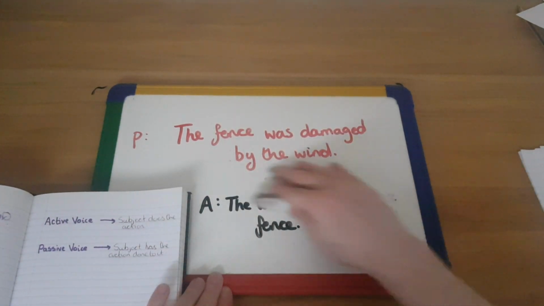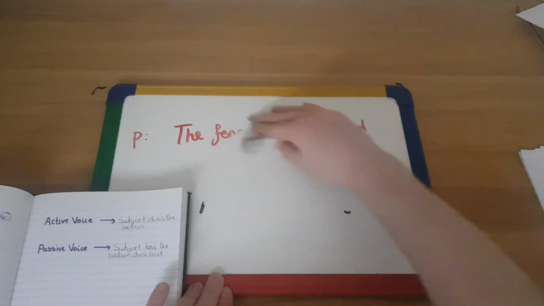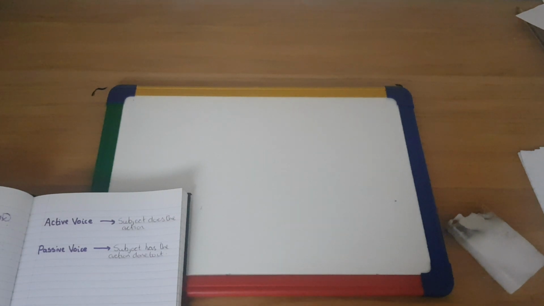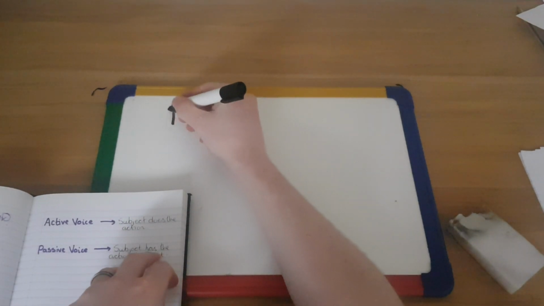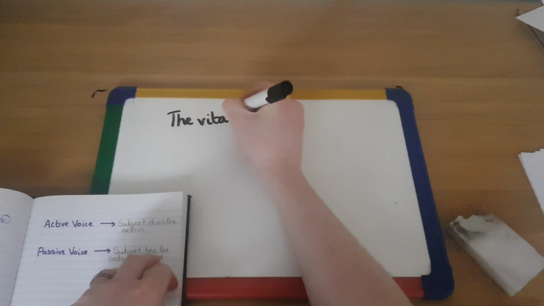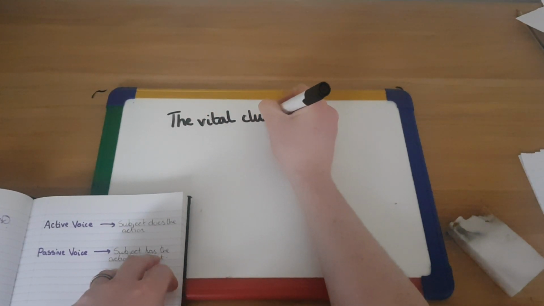One more go then. If I give you a sentence, you've got to decide if you think it's active or passive before I tell you. So the vital clues. Have a discussion. What do you think vital means?